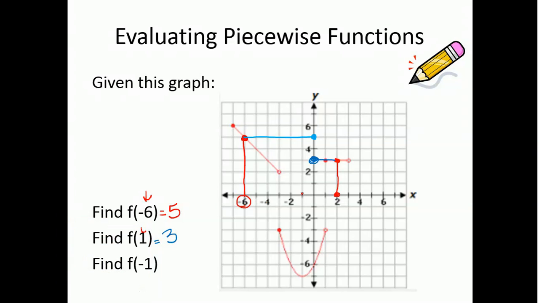So here's -1 on my x. Let's go down until we hit something. Oh, there's something. Notice I went down because there's nothing upstairs. And if I go across, that is the y value of -7.